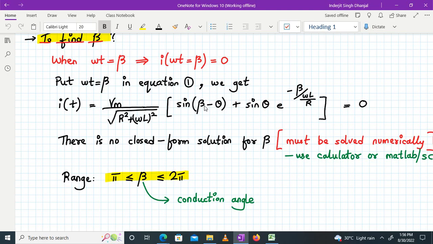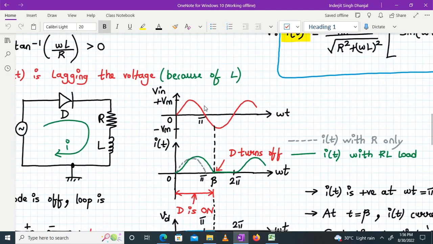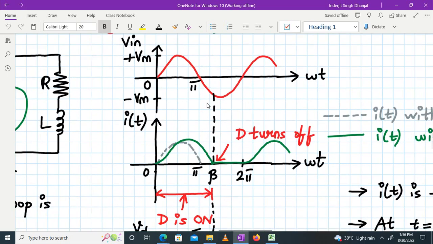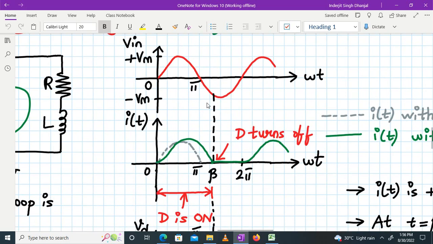Any doubts if you have? In short, long story cut short, if you have not understood whatever we have discussed so far, just remember this. In case of an RL load, whenever we have a V in, the current flowing in the circuit will not stop at pi. It will go slightly beyond pi and will stop at beta. Mathematically, if you want to find that exact beta location, we have to solve that equation which I have shown here.